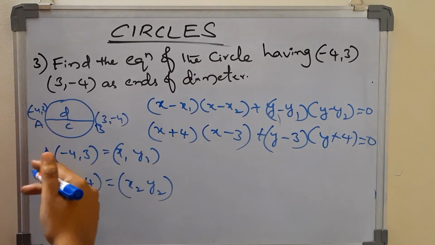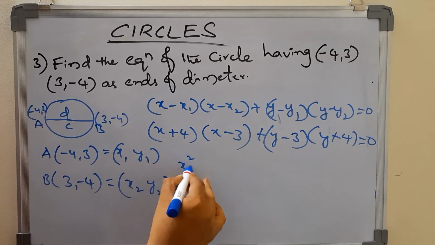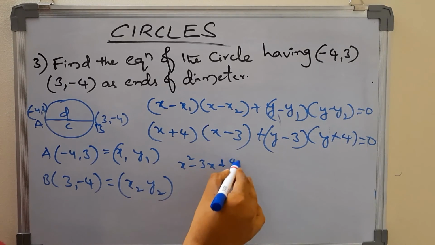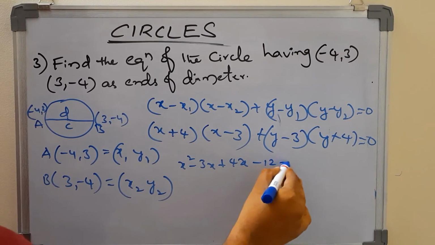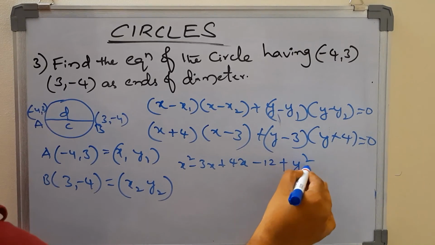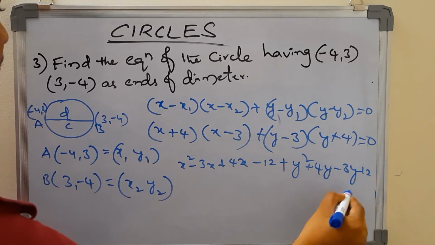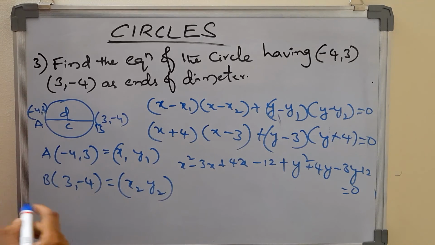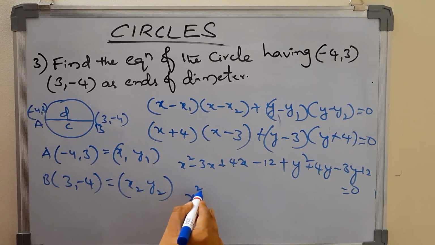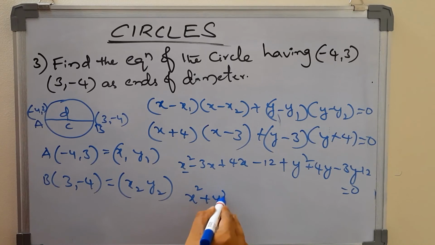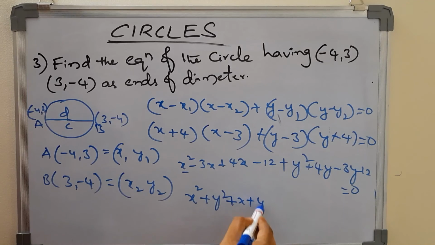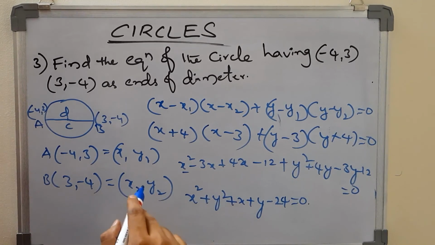Now multiply this one: x square minus 3x plus 4x minus 12 plus y square plus 4y minus 3y minus 12 is equals to 0. We get, after solving, x square plus y square plus x plus y minus 24 is equals to 0. This is the way to solve this problem, right?